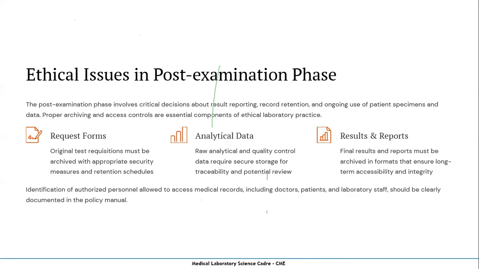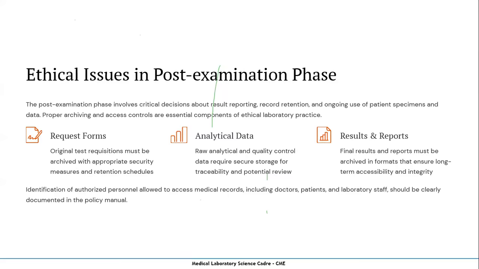Now, when we get to the records and the results and the reports, the post-examination phase involves critical decisions about reporting, record retention, and ongoing use of patient specimens and data. Proper archiving and access controls are essential components of ethical laboratory practice. Request forms, original test requisitions must be archived with appropriate security measures and retention schedules.